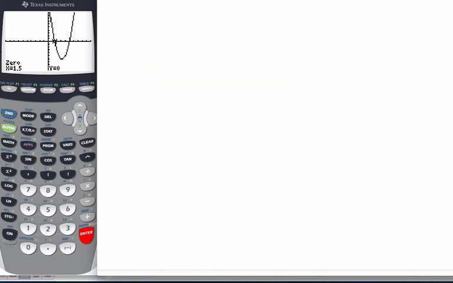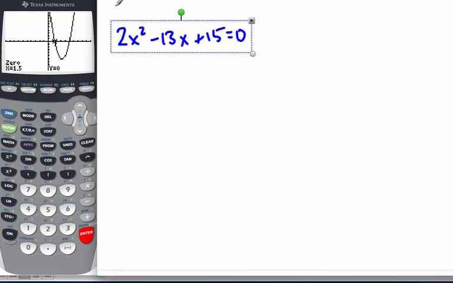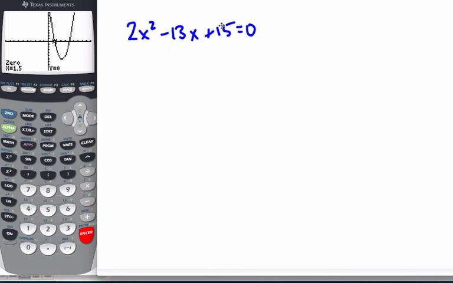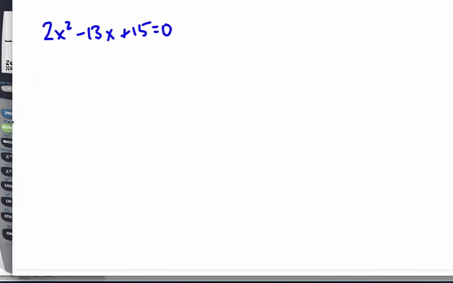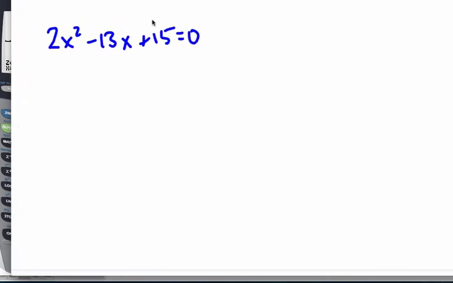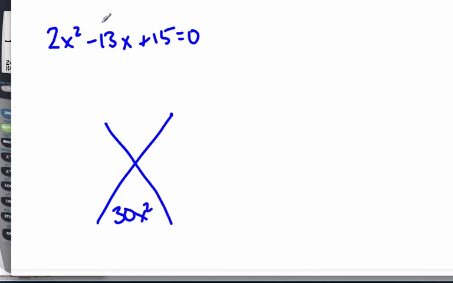Finally, the last method that I have to solve this is I'm going to take this and move away from my calculator. I'm going to take this and I'm going to do my cross. 2x times 15 is 30x squared. This goes on the top, 13x.